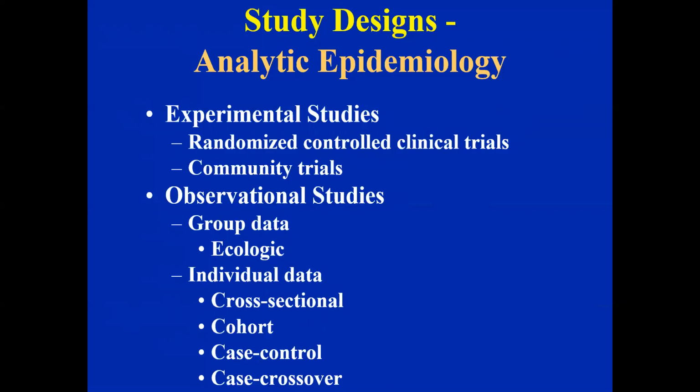The difference between community trials and the randomized control trials is the study participants. So with community trials, you can randomize your communities, where in one community you give an intervention, and in another community you don't give an intervention.